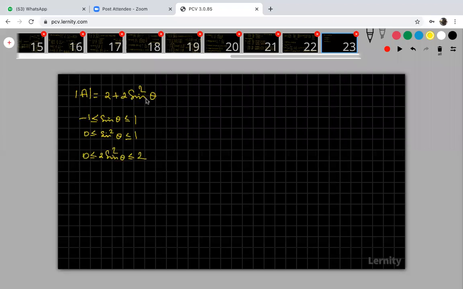Adding 2 to all the terms, 2 is less than or equal to 2 plus 2 sine square theta, which is nothing but the determinant of A, less than or equal to 4. So determinant of A lies between 2 and 4.